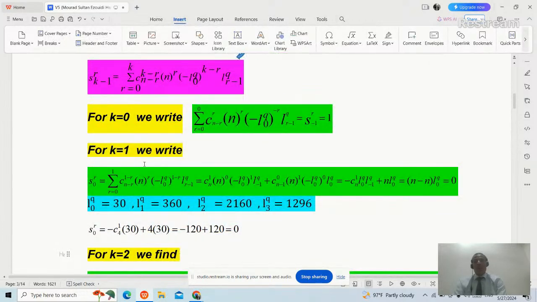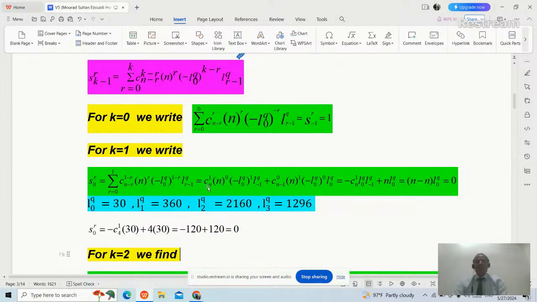Our target now is to find the value of S0. So in order to find the value of S0, learners, you should, let's say, set k equal 1. After setting k equal 1, S0 of r is the sum from 0 to 1 of the discriminant formula of Mr. Mourad Sultan Ezouidi.